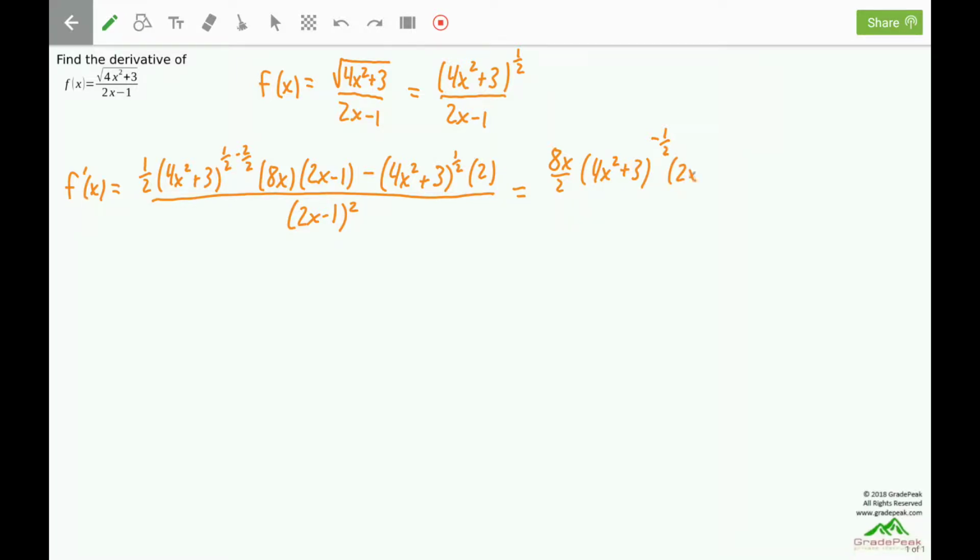We have a 2x minus 1. And then we have a minus. I'm going to move the 2 to the front of that one, and then the 4x squared plus 3 to the positive 1/2. All this over 2x minus 1 quantity squared.